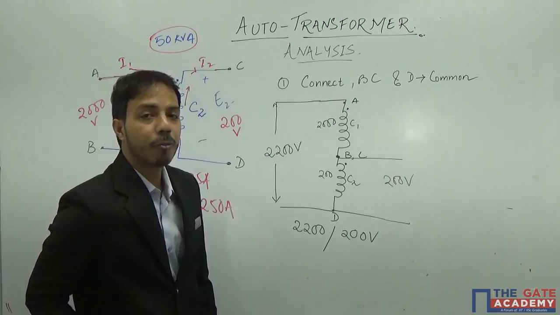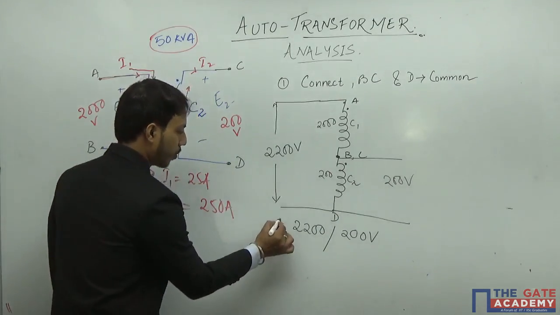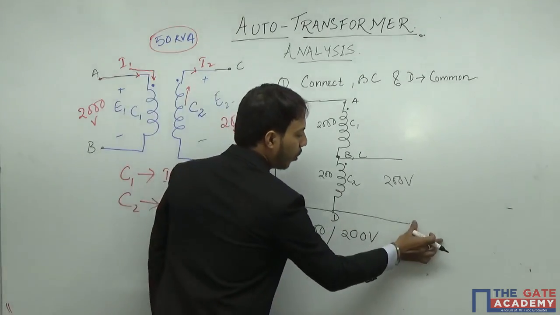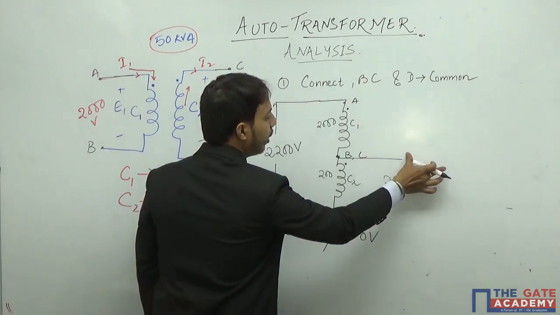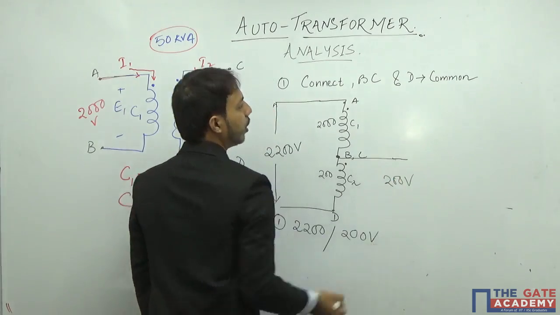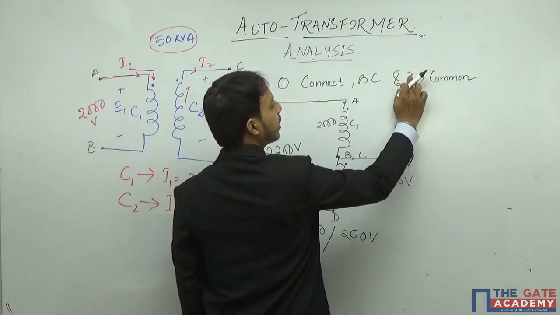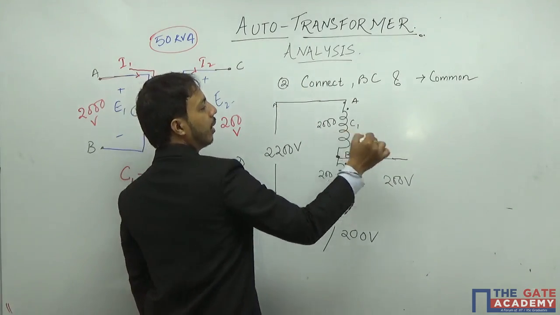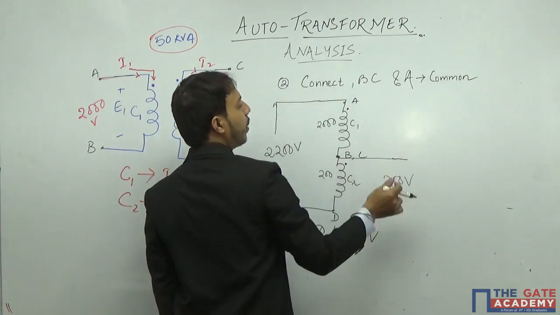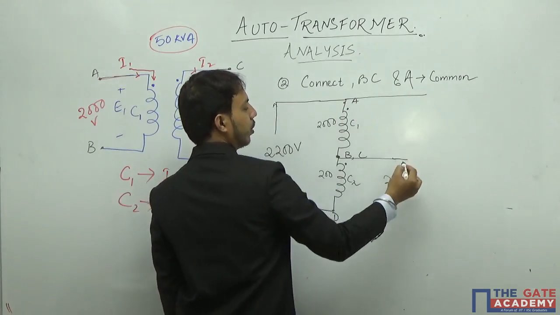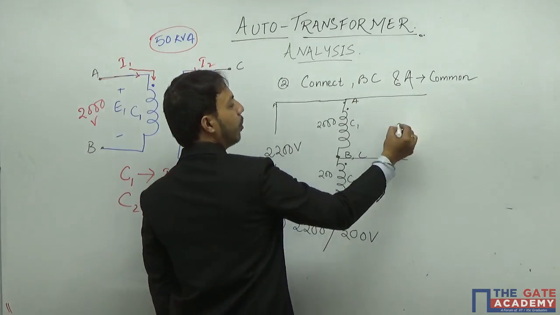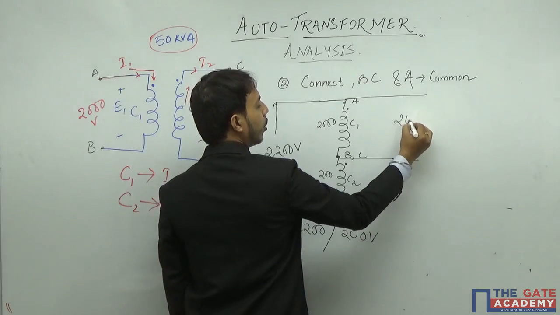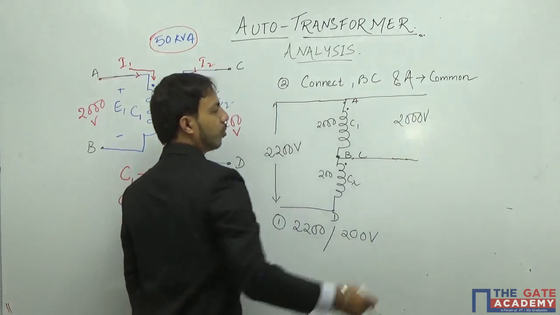Similarly, I may have one more option. If instead of D, I make A common, the voltage that I will be getting in the secondary will be 2000 volts.